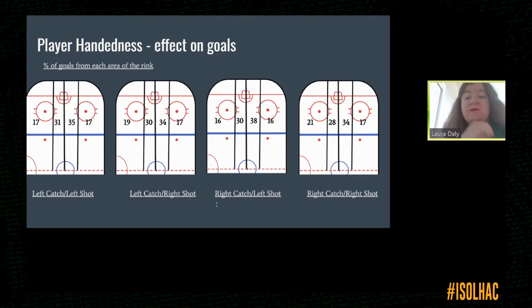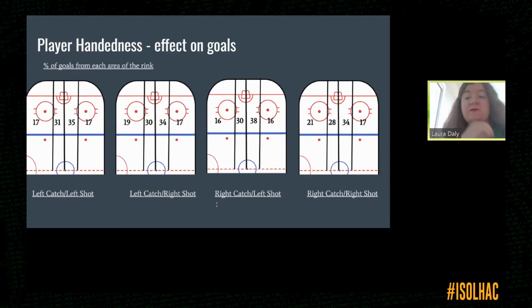As well, right shot players are also slightly more heavily weighted to the right hand side of the rink. That broke down about 49-51% on the right hand side. Left shot players on right catch goalies, again, we see a 46-54 left-right split, and right catch, right shot, we see a 49-51 left-right split.